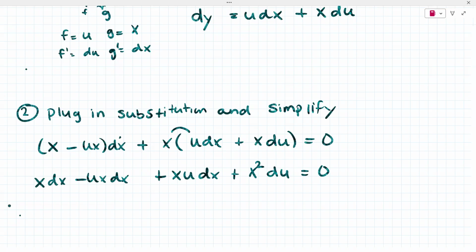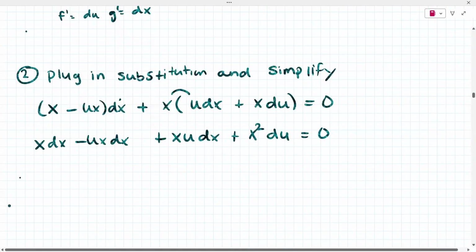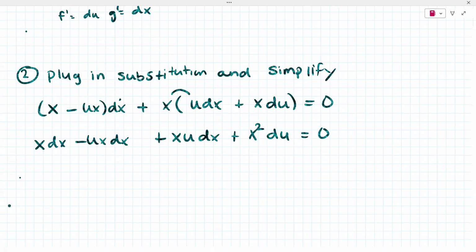And then what you want to do is get all the x and dx on one side and all the x and du on the other side. So what I would do is, wait, first off, can we collect like terms? I think we can, or something cancels, right?